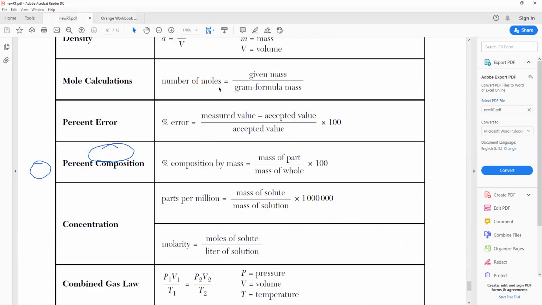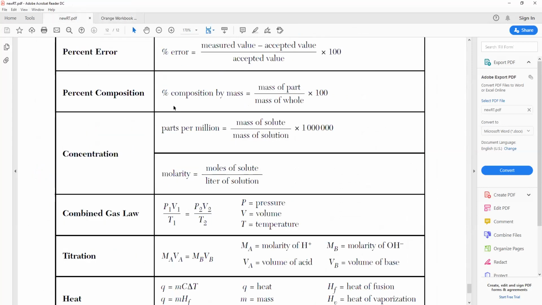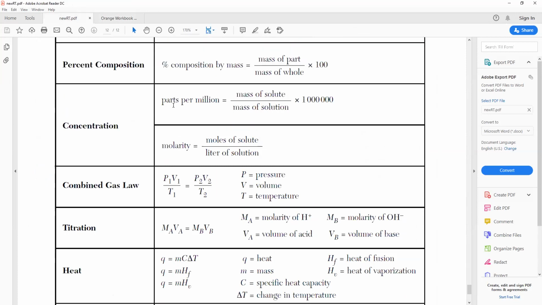If we go to our reference table, we're going to see a formula called titration, and we're going to write dilution over here. We're going to use this one later on when we study acids and bases, but for now it can be M1V1 equals M2V2. M stands for molarity, V stands for volume. So molarity of solution 1 times volume of solution 1 is equal to molarity of solution 2 times volume of solution 2.